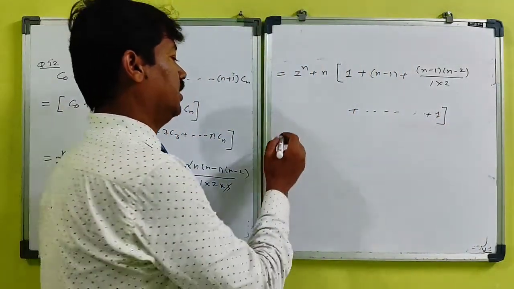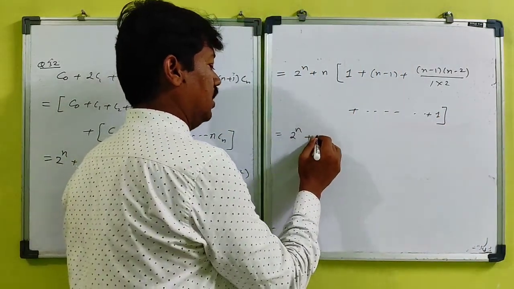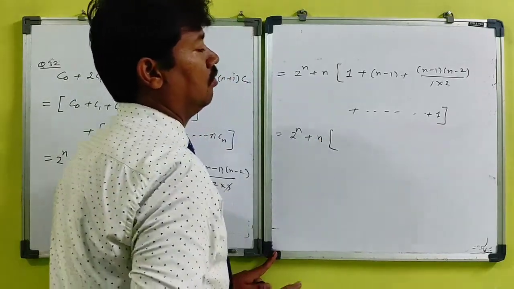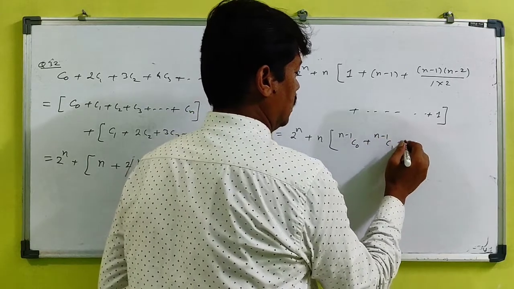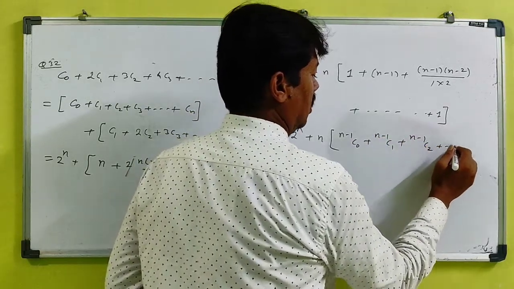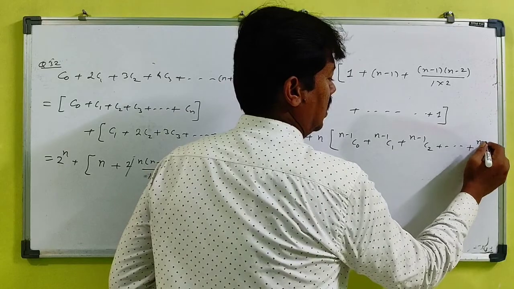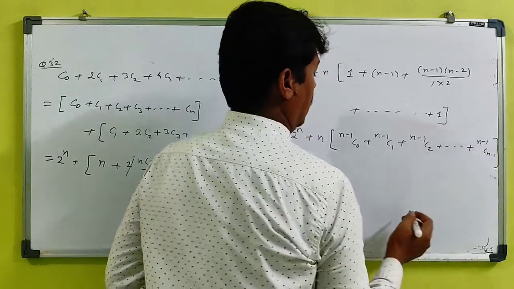So that is nothing but 2 raised to n plus n into, what is this? It is (n minus 1)C0, (n minus 1)C1, (n minus 1)C2, up to (n minus 1)C(n minus 1).